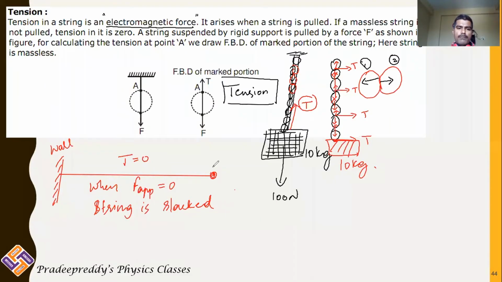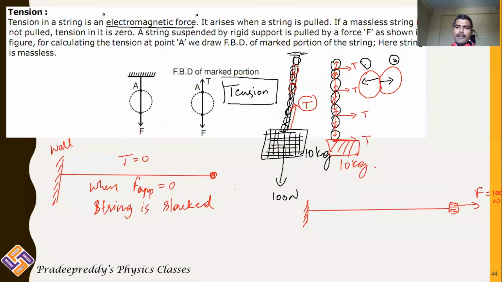Now what I do, I'll take the same string which is attached to one end of the wall, and I will push this by applying some force which is equal to 100 Newton. I am applying a force of 100 Newton on one end of the wire.